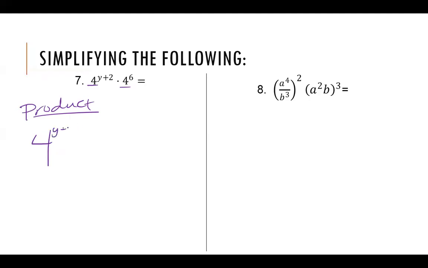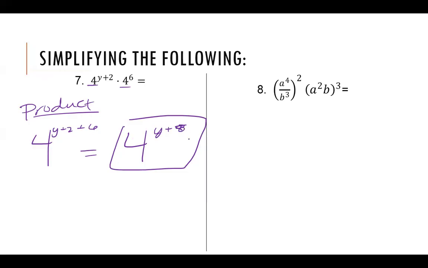So we have y plus 2 plus 6, which means our final answer is what? Perfect. 2 plus 6. Oh, it's an 8. It got a little funky.